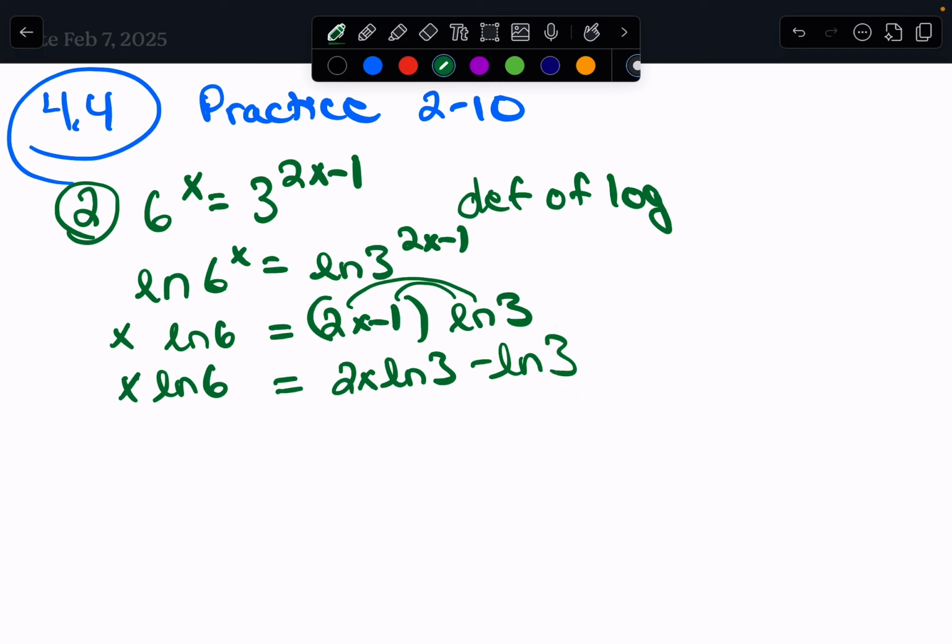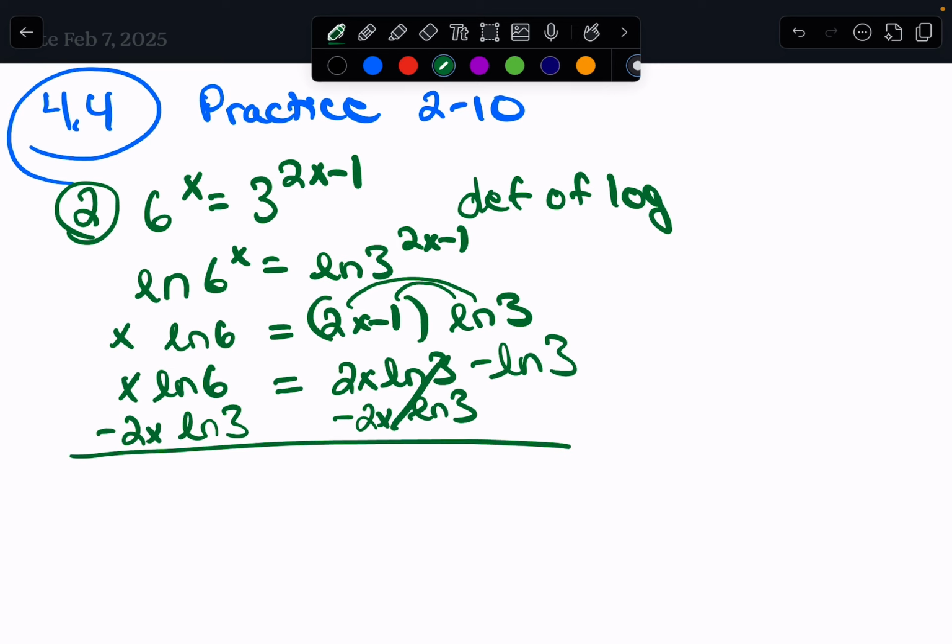We're going to go ahead and subtract, or move everything that has x's to the left. So we end up with x natural log of 6 minus 2x natural log of 3 equals negative natural log of 3. And now we can take the x out.